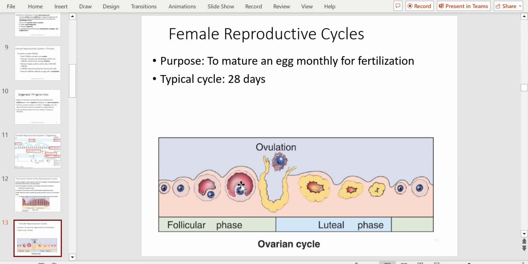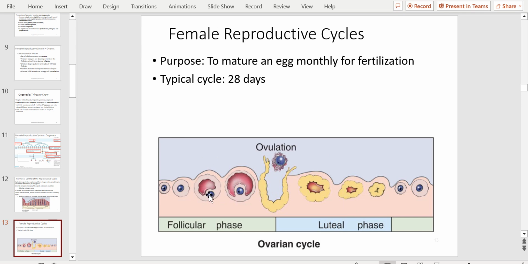You'll see that we have the follicular phase, which is the development of the follicle itself and how it grows, and then the egg is released. There is your ovulation, and then it travels down the fallopian tubes. But the covering, you see that covering around the egg itself?